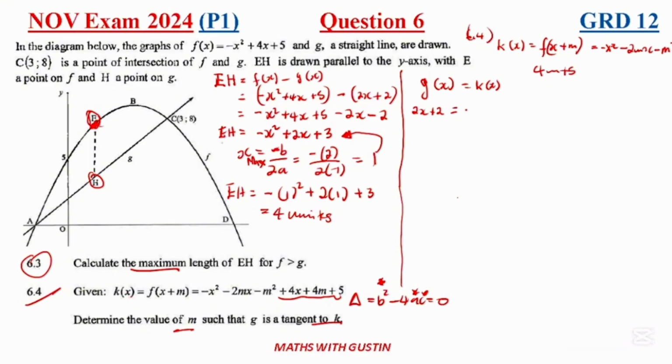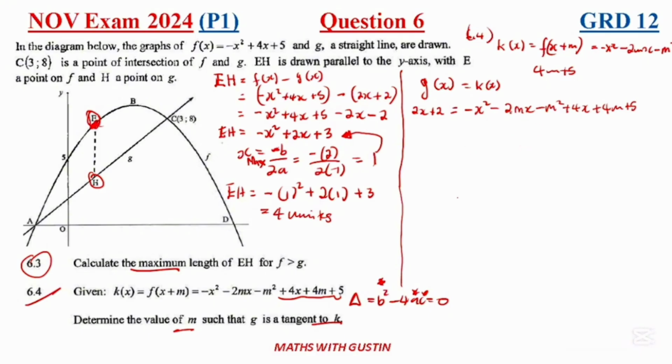So we're just going to write k of x here: minus x squared minus 2mx minus m squared plus 4x plus 4m plus 5. A little bit low here, but it's fine.